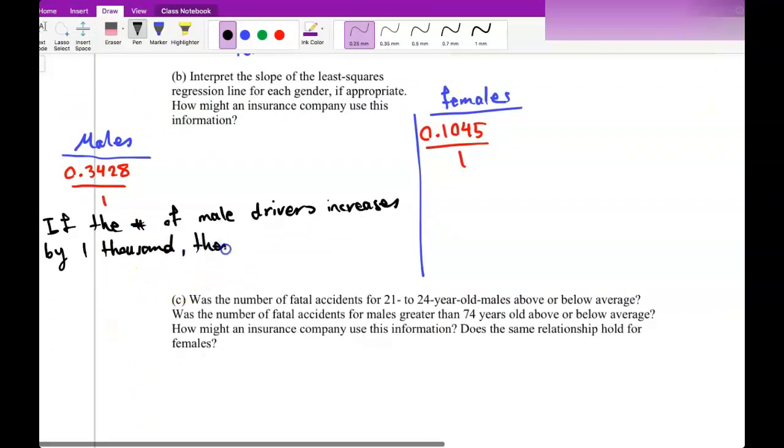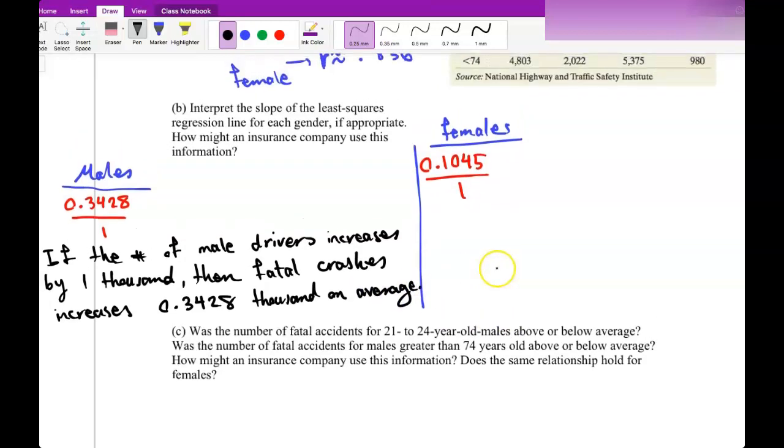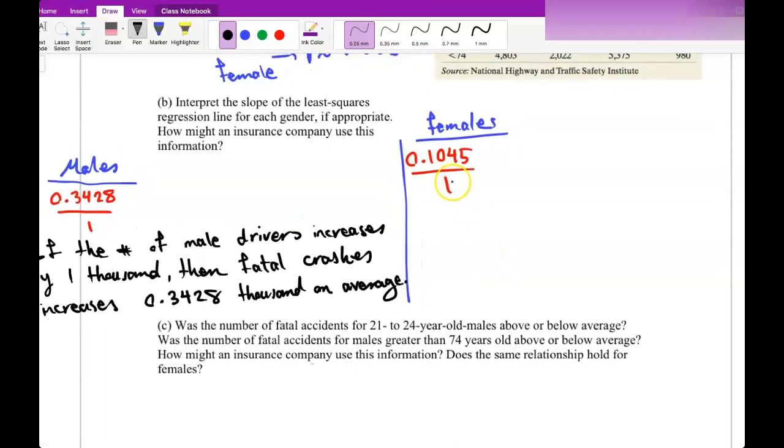Then crashes increase, what we have on top, 0.3428 thousand on average. Okay, same thing for the sport.